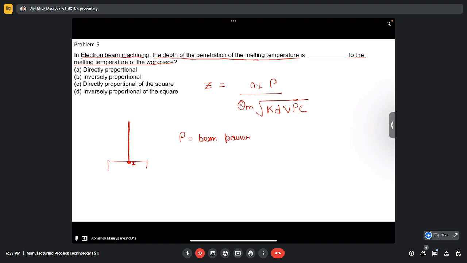So that is nothing but accelerating voltage into beam current.